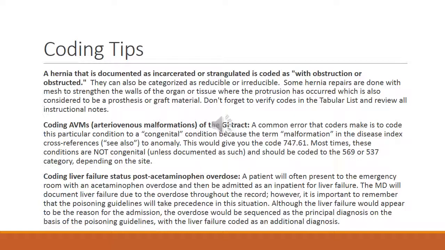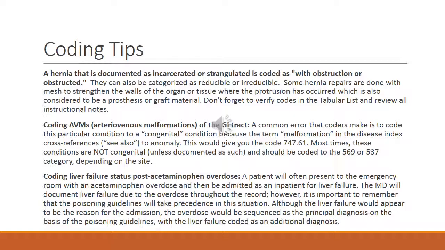Next, coding liver failure status post acetaminophen overdose. A patient will often present to the emergency room with an acetaminophen overdose and then be admitted as an inpatient for liver failure. The MD will document liver failure due to the overdose throughout the record.